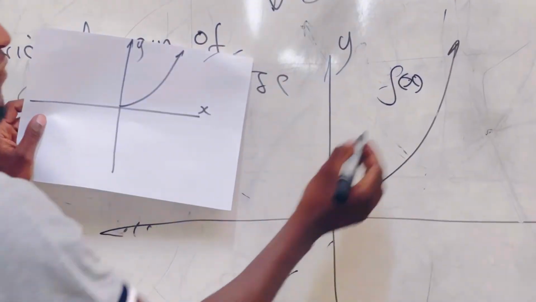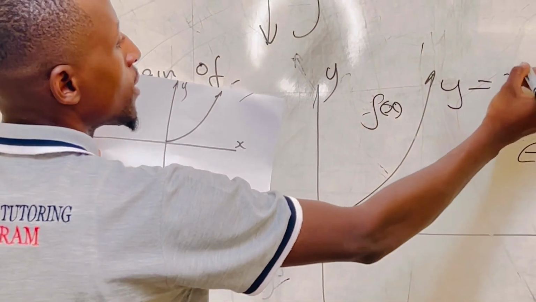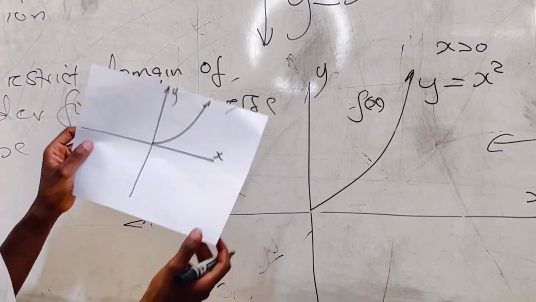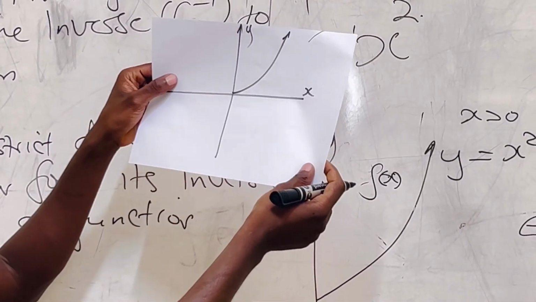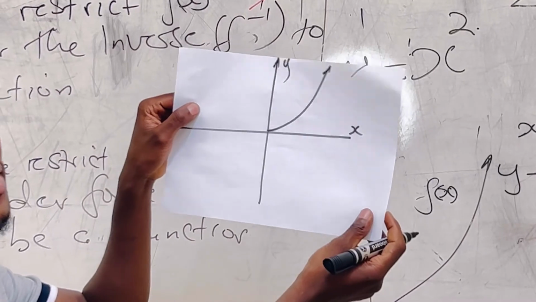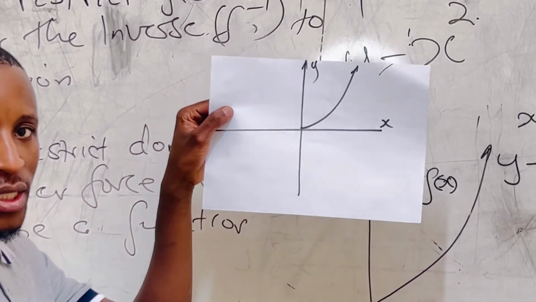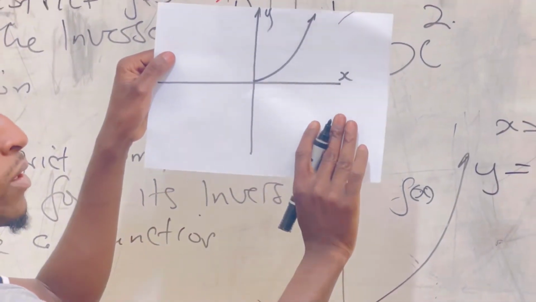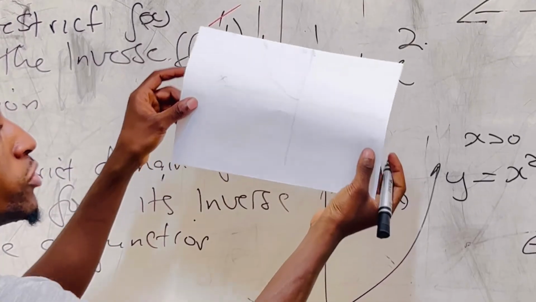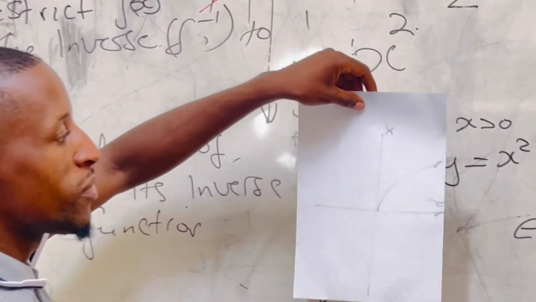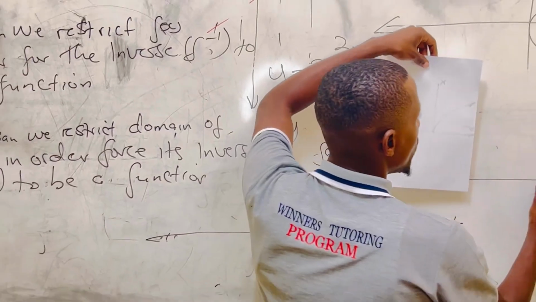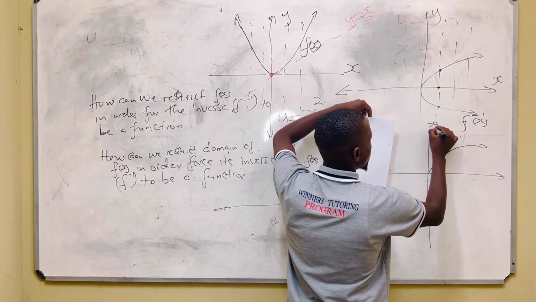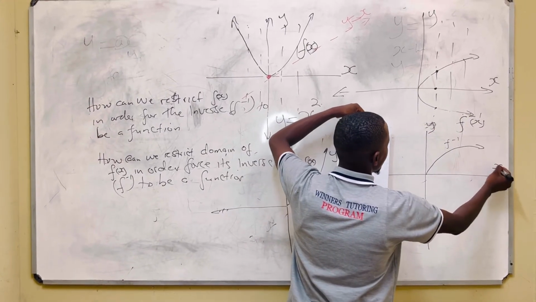Now f of x is still given by y equals x squared, where x is greater than 0. So now we want its inverse. I'm showing you how to get the shape of the inverse using the paper method. If you hold your paper this way and tilt it to the right, we get this shape. This will be our inverse. This is y, this one is x.